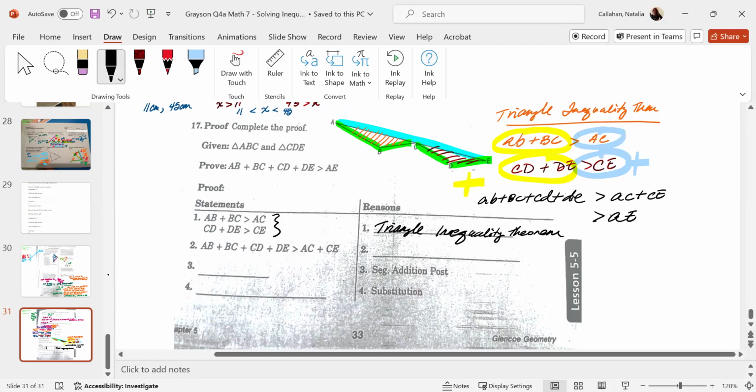The theorem says the sum of two sides of a triangle is greater than the third side. That's your second one.